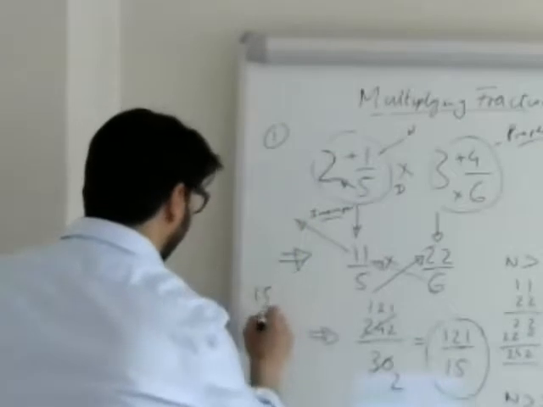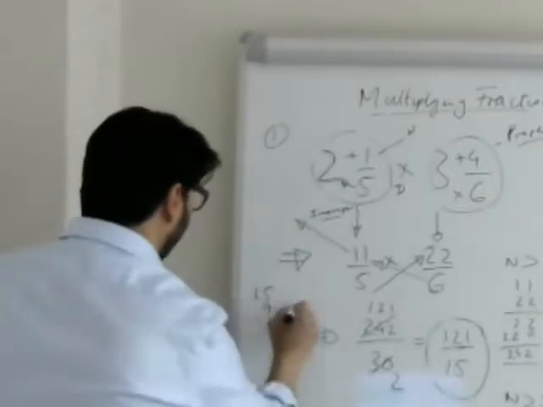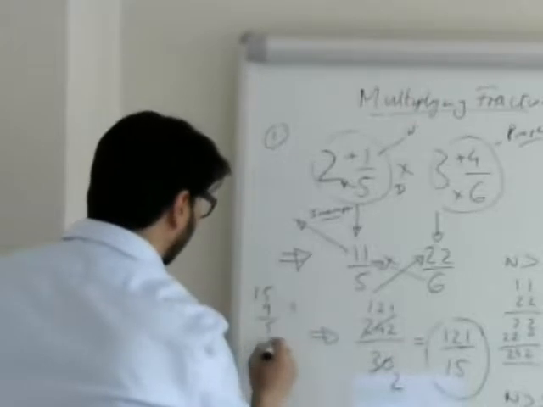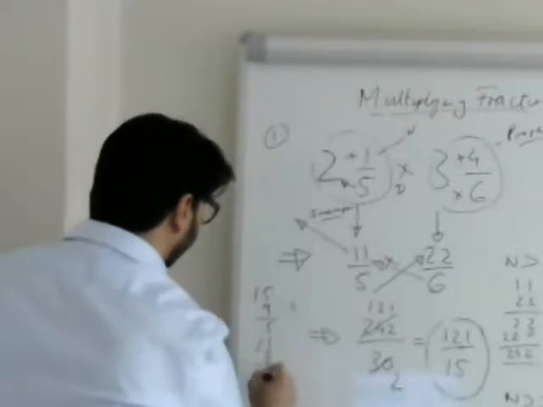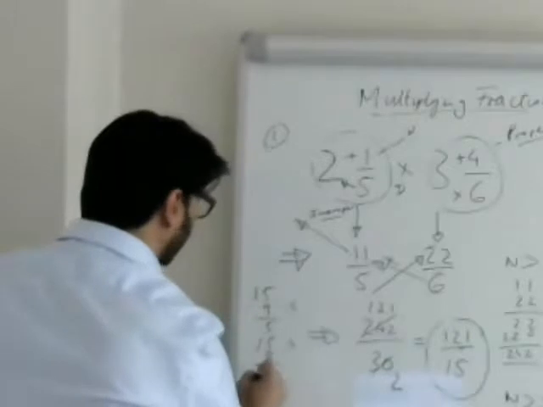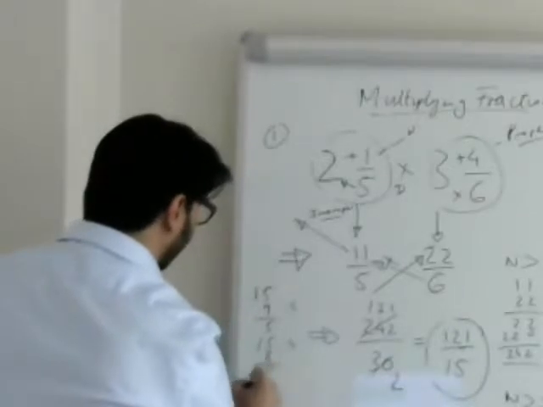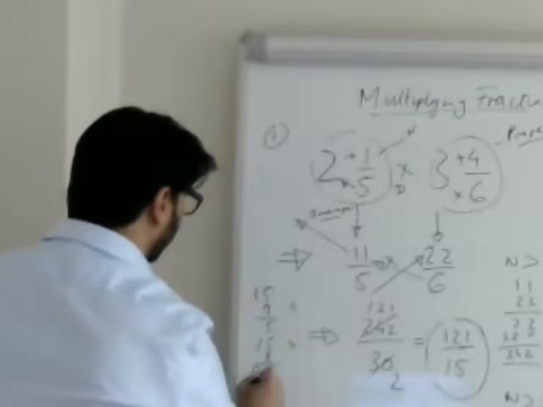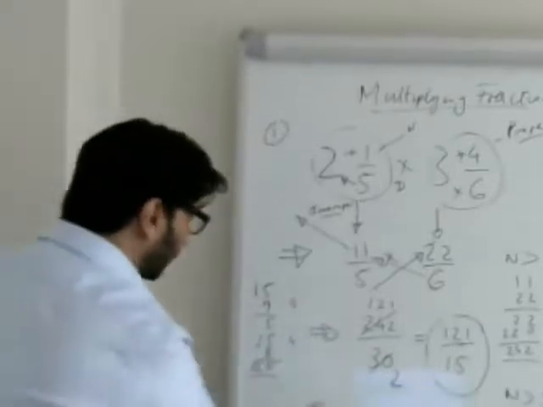If this works, 9. So 5 nines are 45. 9 doesn't work, so let's have a look at 8. 5 eights are 40, plus 8 is 12, 120. So that's 120.